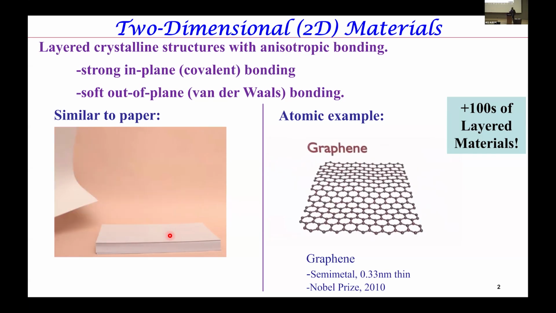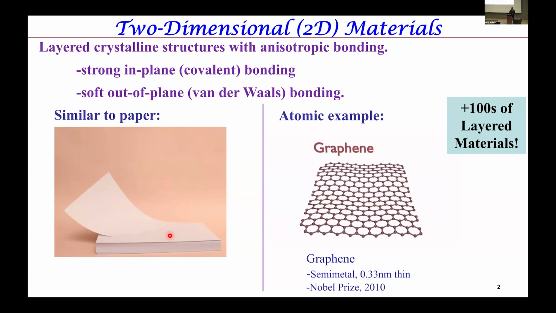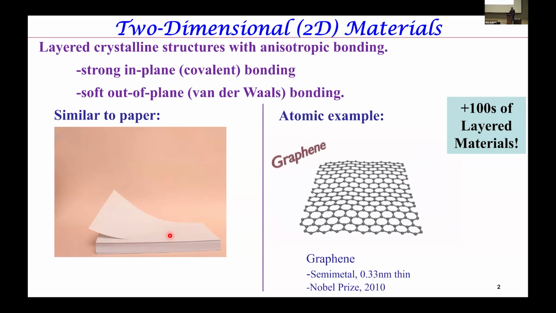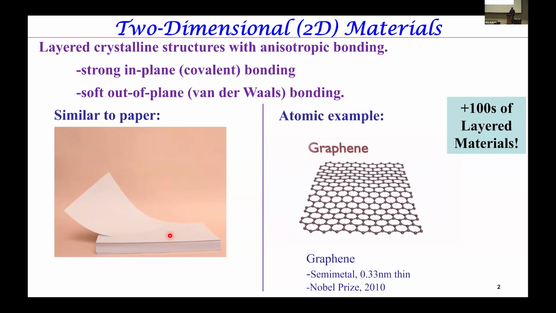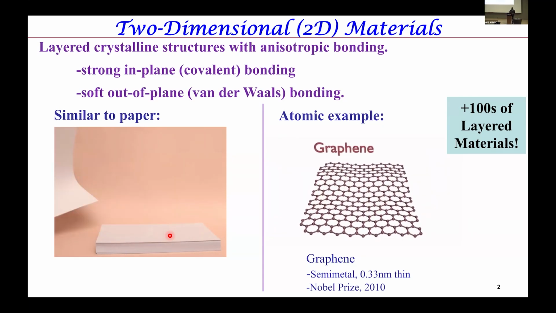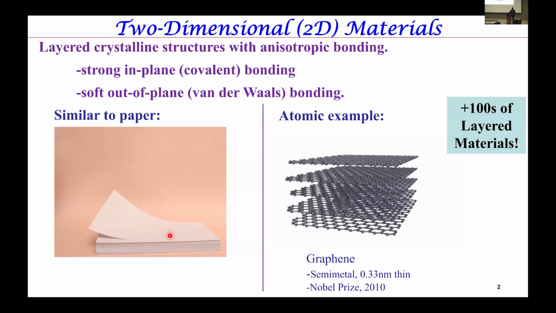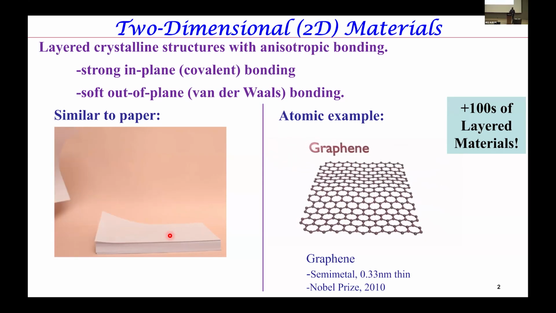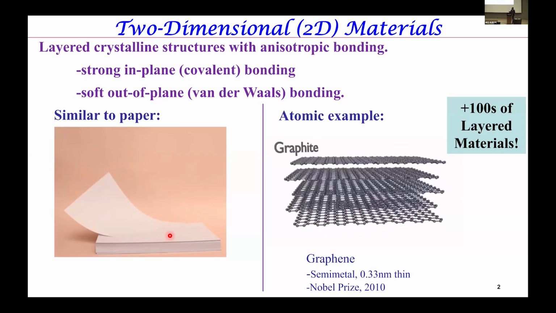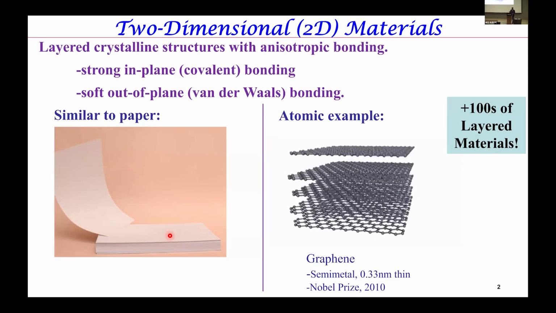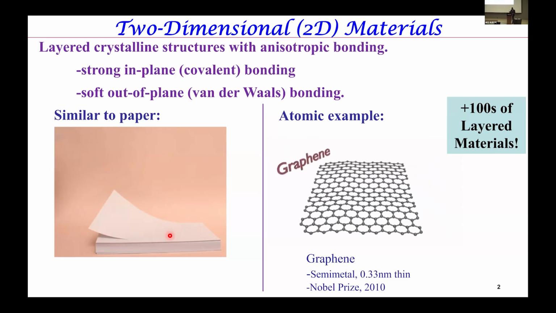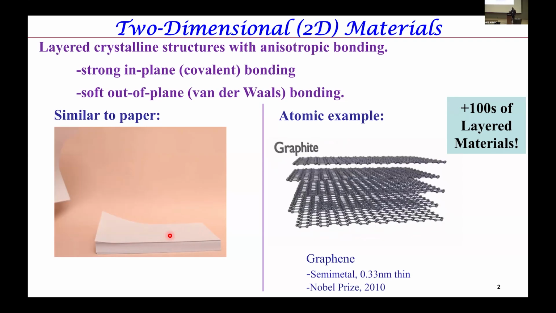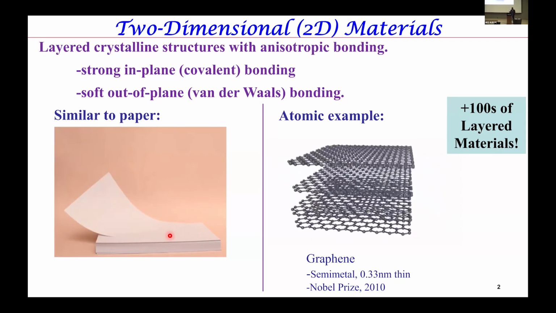Likewise, this graphite system of carbon atoms hexagonally arranged, you can peel a single sheet of carbon atoms, aka graphene, from the parent crystal. So this now is a portfolio of materials that, according to the way you count it, can include hundreds of air-stable materials, and won the Nobel Prize for some physics studies about 15 years ago.